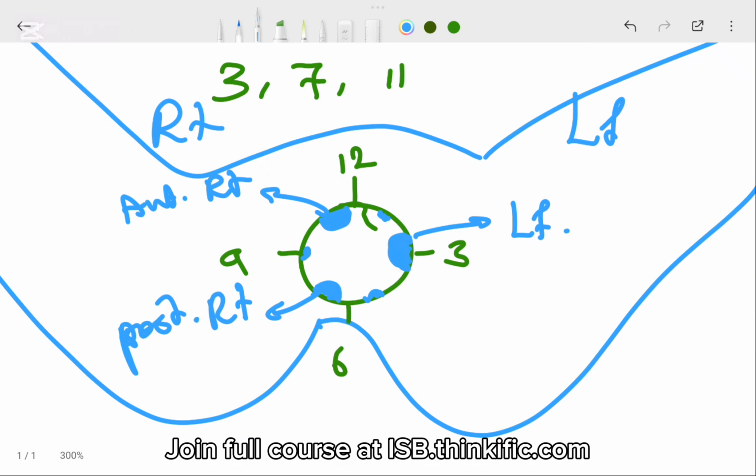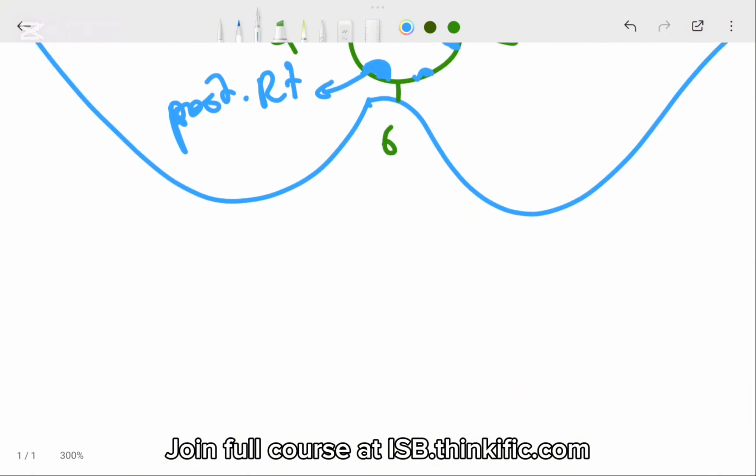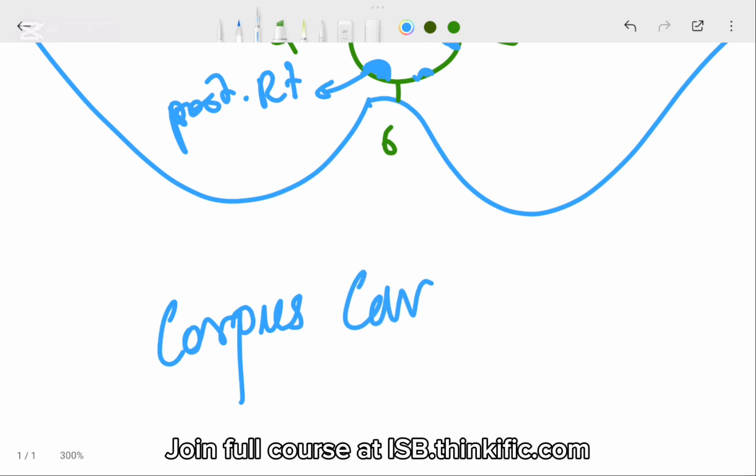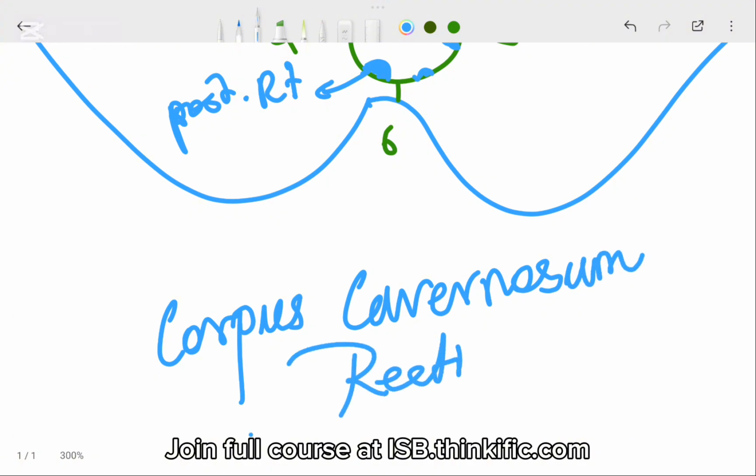Some people call them corpus cavernosum recti, just in case they give you a weird name. Why are they called this? You know, the corpus cavernosum of the penis, the erectile tissue of the penis, there is somewhat erectile tissue here as well, because they can fill with blood and balloon.